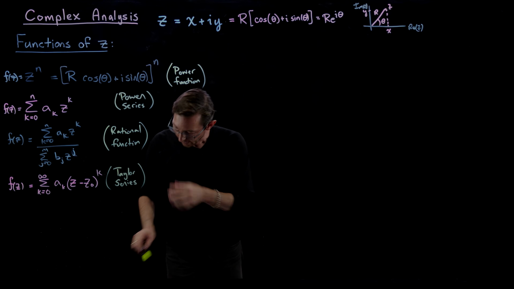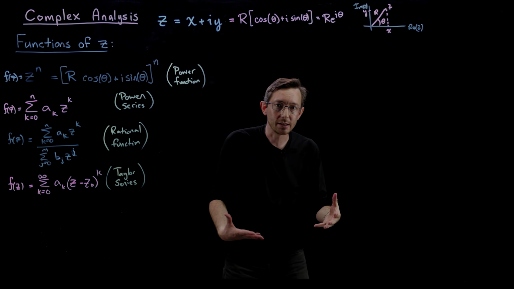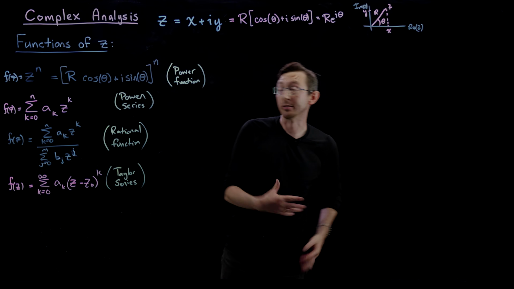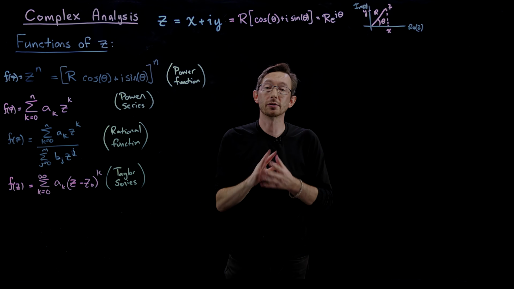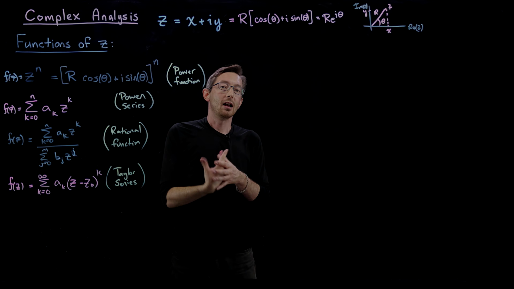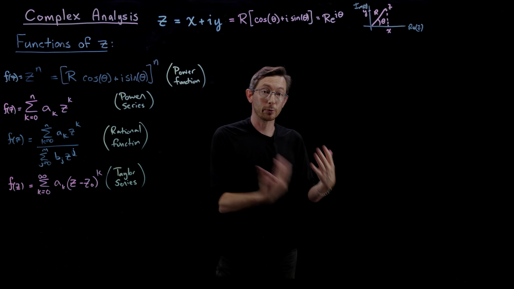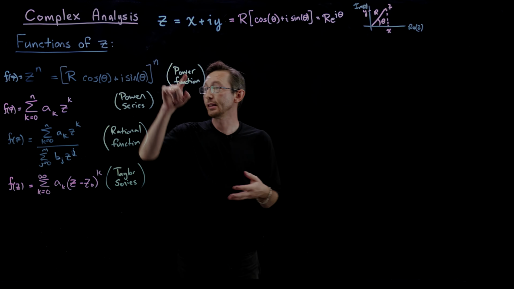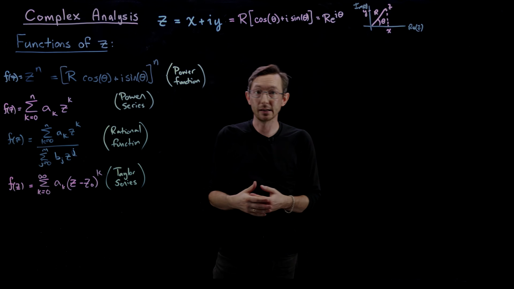Good. Okay. And so some of these functions are better behaved than others. So these power functions, just z to the 2, z to the 3, z to the 4, those are very well behaved functions. They are continuous and smooth everywhere. The notion of a derivative makes sense. You can do calculus on these. These are called analytic functions, and they have really, really nice properties.